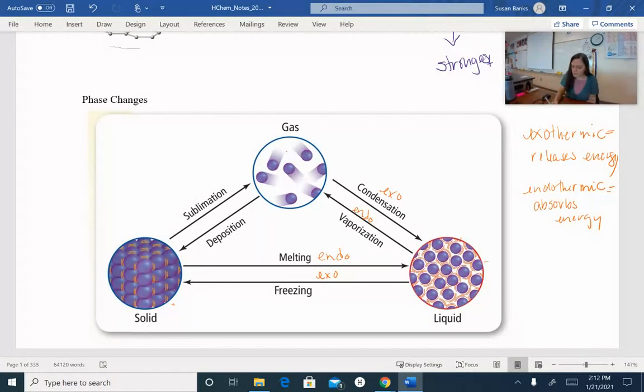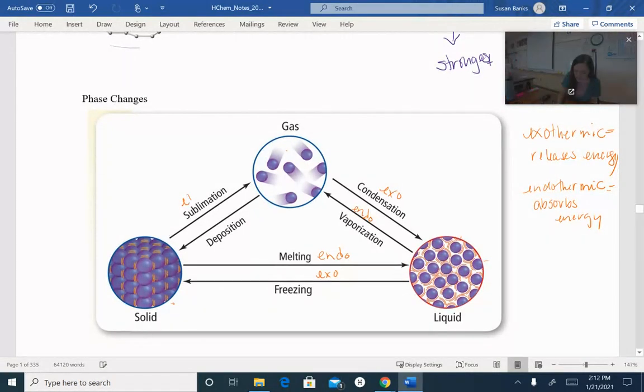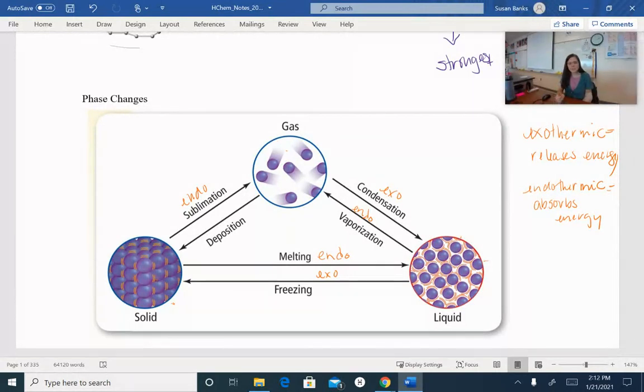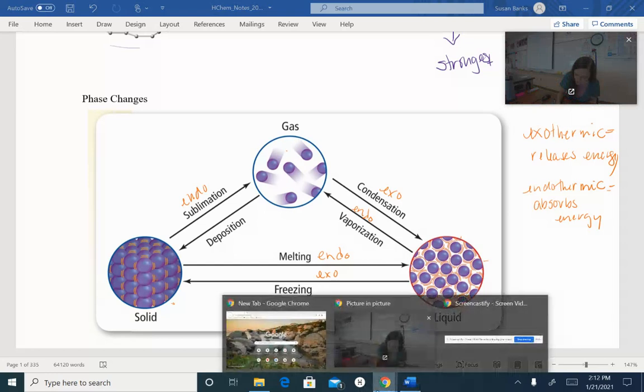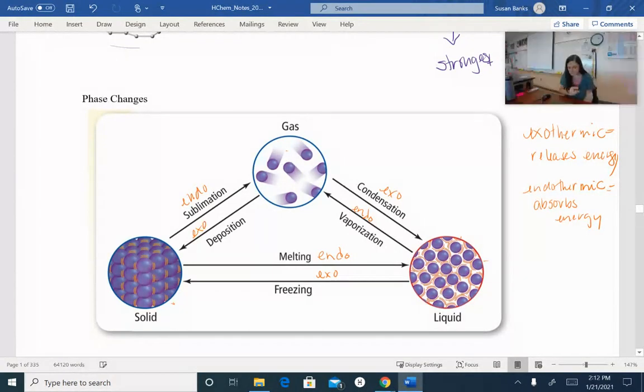So sublimation is extremely endothermic. It takes a lot of energy. Okay, but deposition, where we go from a gas to a solid directly, we release a ton of energy. We slow down those molecules and we release energy. So that is an extremely exothermic reaction. Okay?